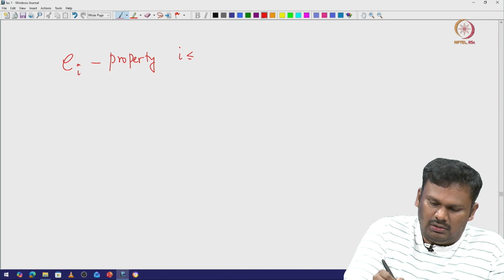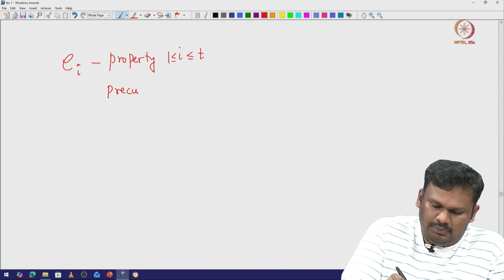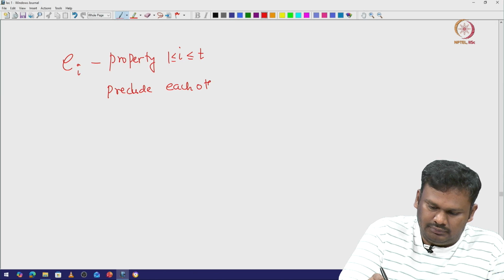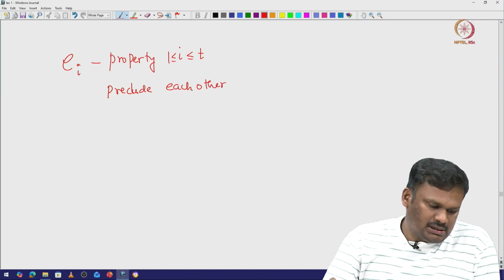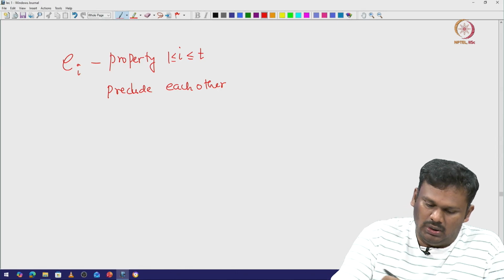Let us say for i varying from 1 to t, they preclude each other. So, that means if one occurs, the other properties do not occur.